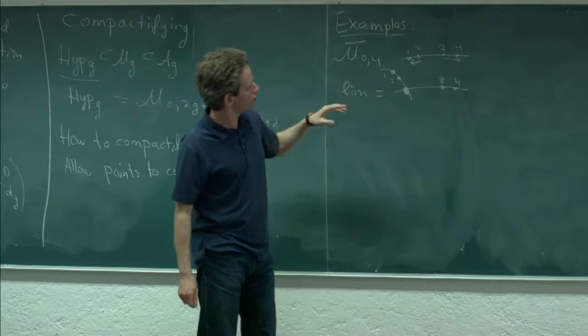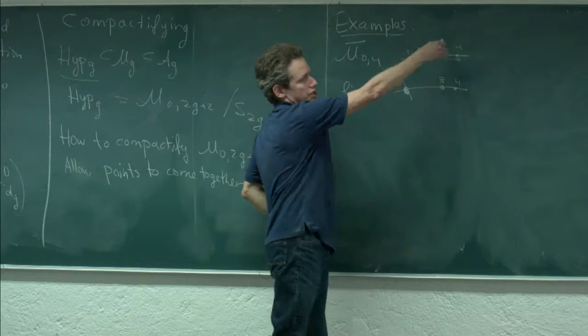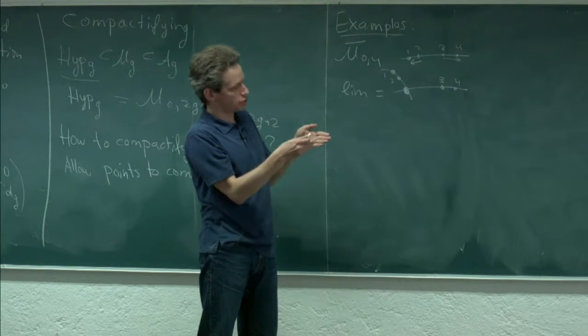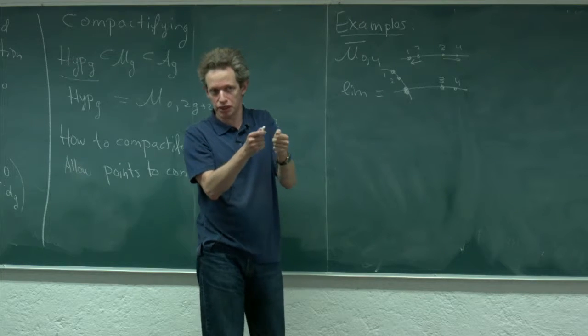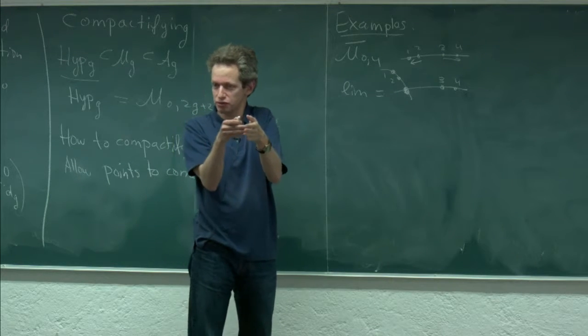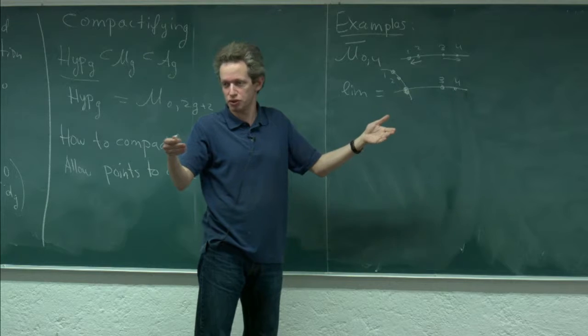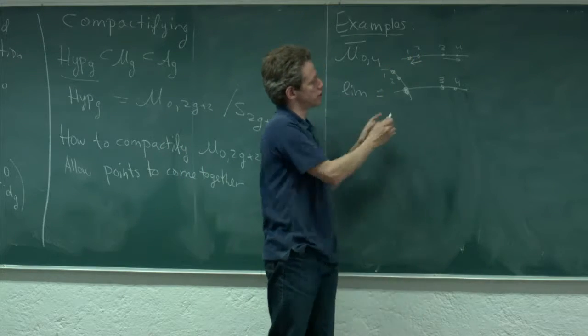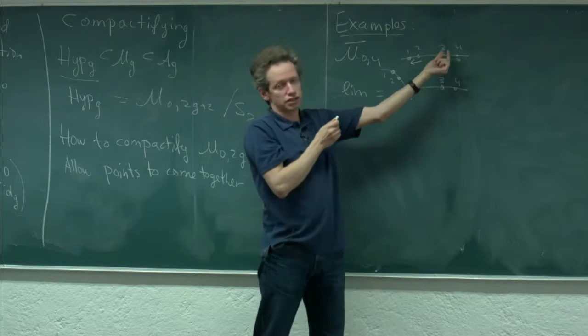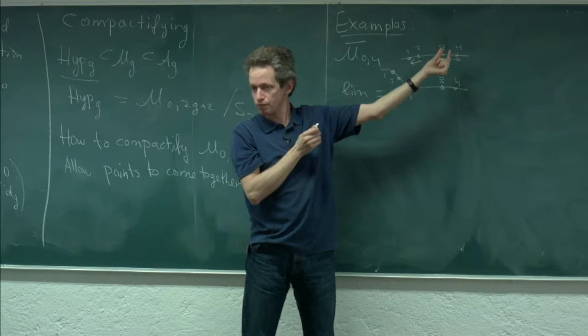Which is true, because if you think about this, these guys have some coordinates. So suppose points 1 and 2 are getting together. But let me just preclude them from doing that. Let me, you know, they get together by a factor of 2. I'll rescale my coordinate on P1 by a factor of 2. They'll stay at the same place. But then if I'm rescaling the coordinates so that these guys don't go anywhere, this effectively means I'm shrinking those two. Right?